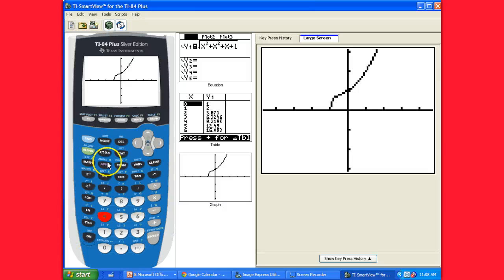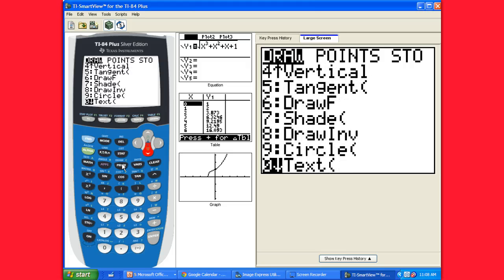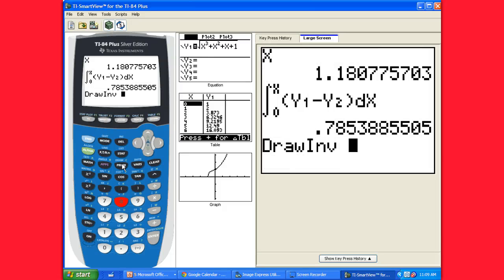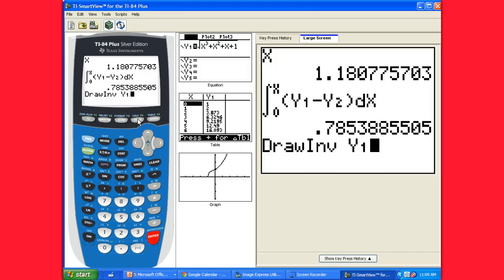If I go to second program, which is draw, I'm going to go down to draw inverse. Down there at number 8 is draw inverse. And I have to tell it what I want it to draw the inverse of. So I'm going to tell it to draw the inverse of what I have in y1. You also could retype the whole equation here, but why?